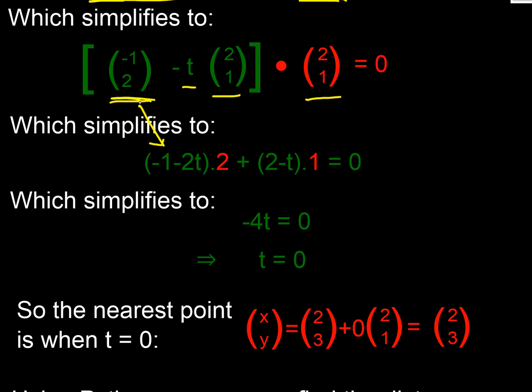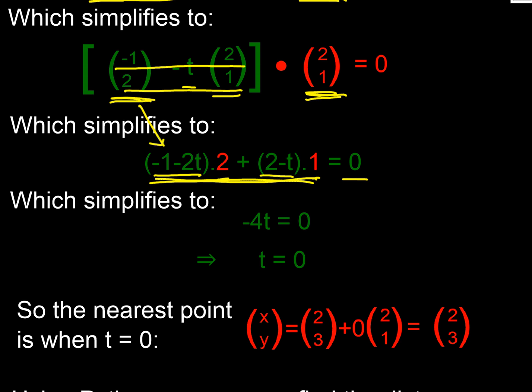You could do it that way, or what I'm going to do here is take my x value, that's going to be -1 minus 2t, multiplied by 2. And secondly, I've got my y value here, that's 2 minus t, and I'm going to multiply that by 1, and that's my dot product, and that's going to be equal to 0.